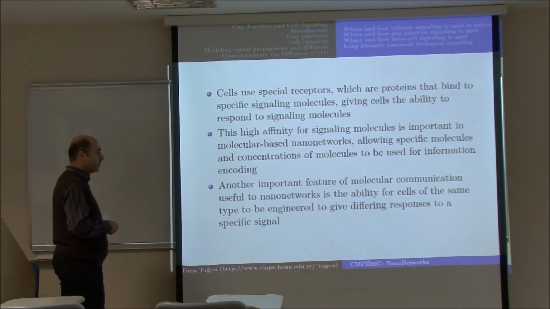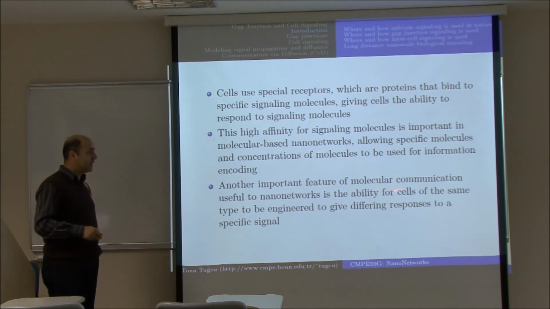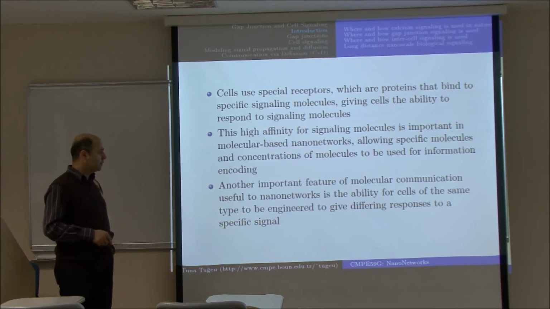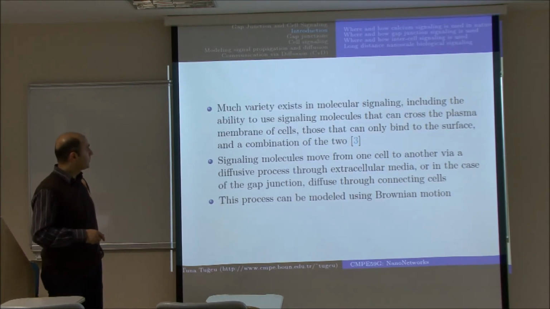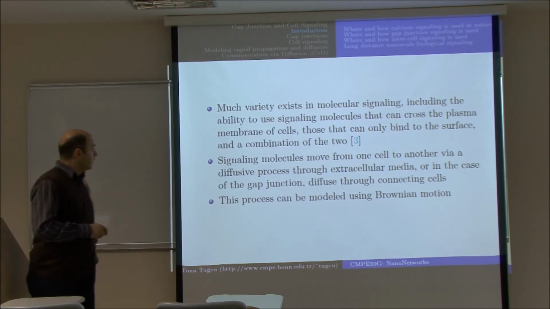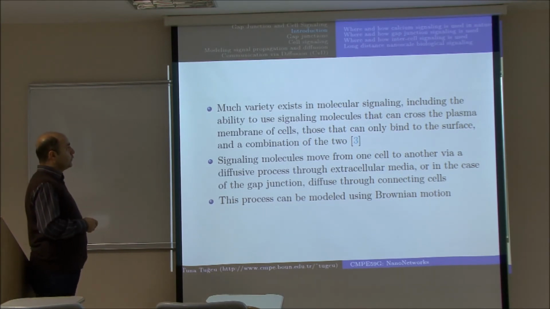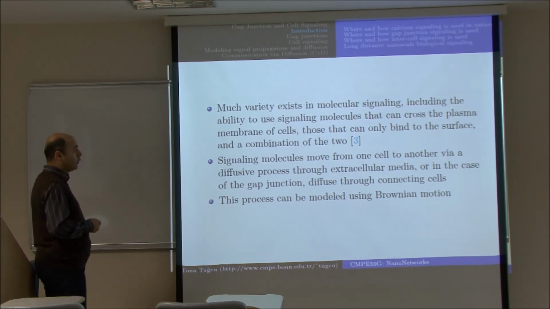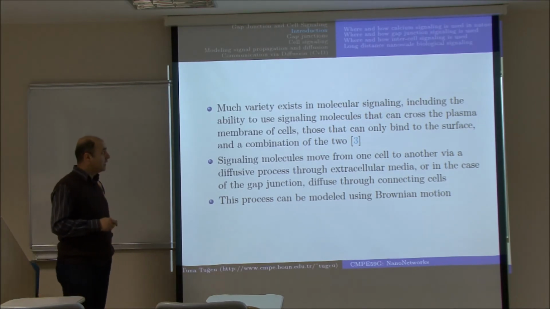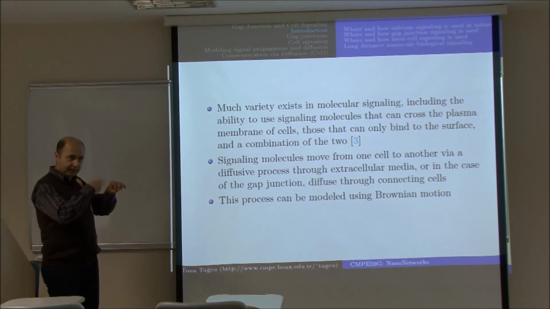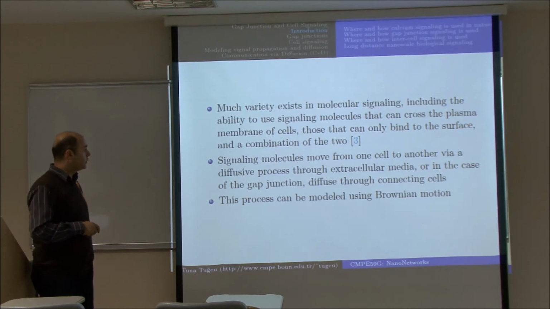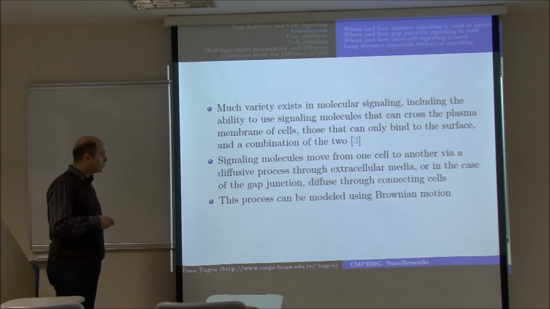Another important feature is the ability for the cells of the same type to be engineered to give differing responses to a specific signal. There are different ways of doing molecular signaling, including the use of signaling molecules that can cross the plasma membrane of the cells, that's the outer membrane of the cell, that can only bind to the surface, or a combination of the two, as we discussed.